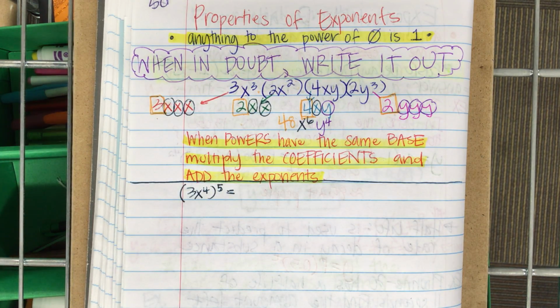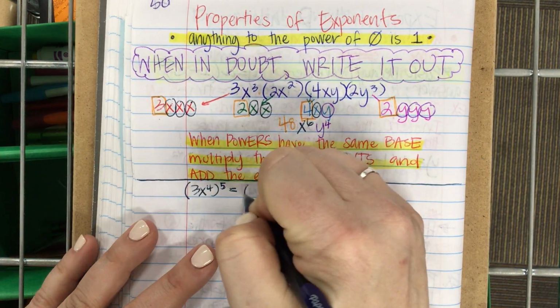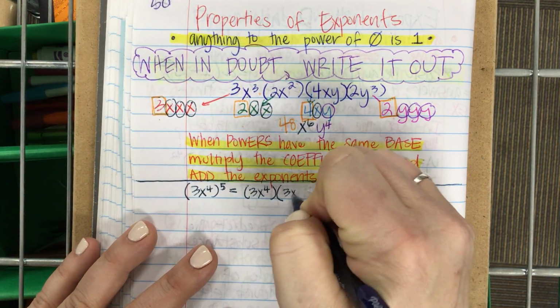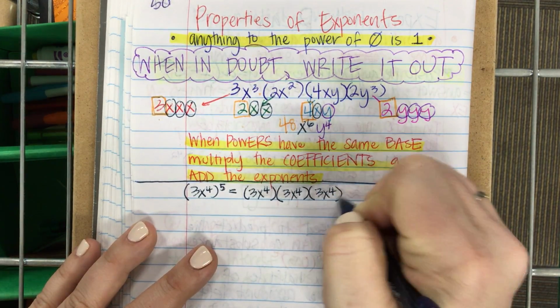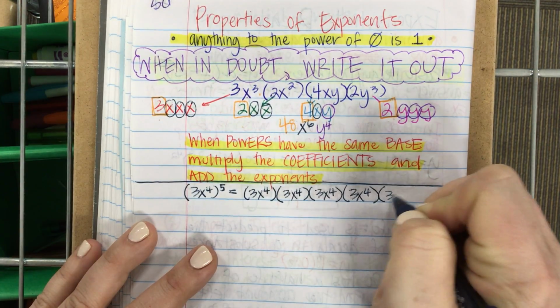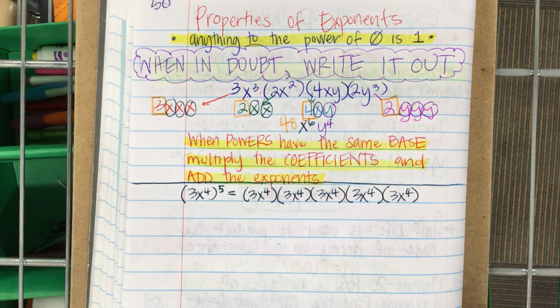How would you expand it? Lucy? 3x to the 4th times 3x to the 4th times 3x to the 4th times 3x to the 4th times 3x to the 4th. It means 3x to the 4th, 5 times.